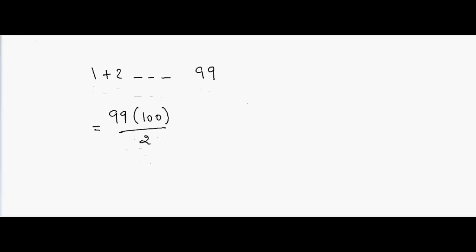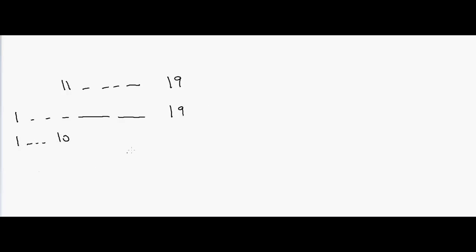Now suppose that instead of 1, the number starts from somewhere else, suppose it starts from 11 and goes until 19. How will I do that? In that case, I'll first add 1 to 19, and then subtract 1 to 10 from it.